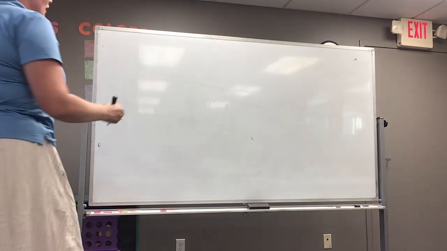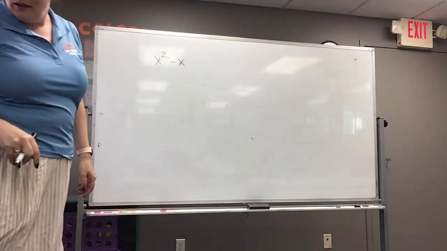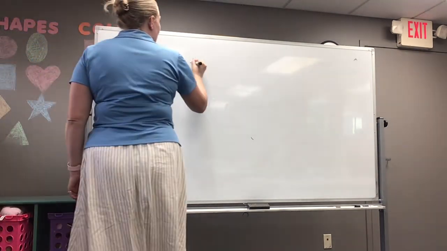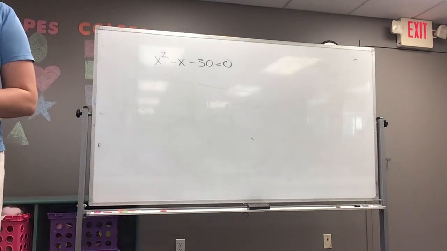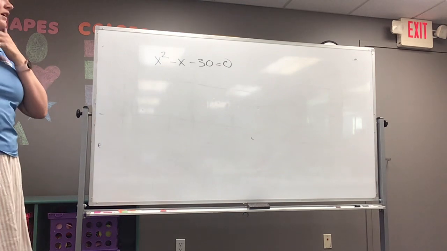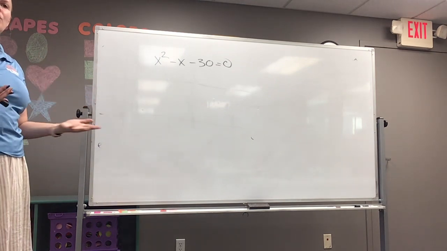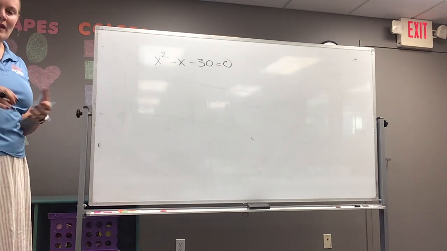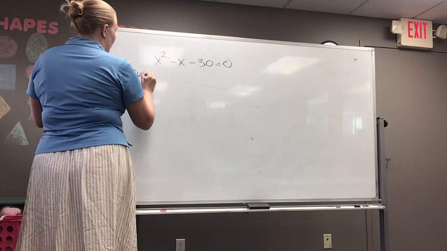So we have x squared minus x minus 30. And a common technique in the ACT, rather than asking you what are the solutions, because that would allow you to plug things in and try them, is they instead ask for the sum of the two solutions.